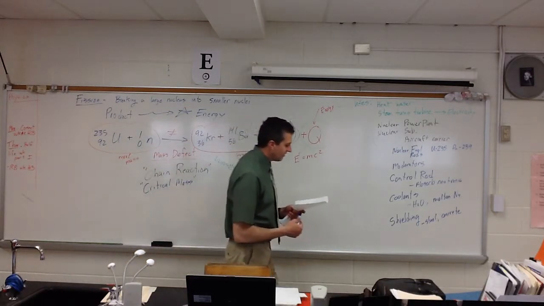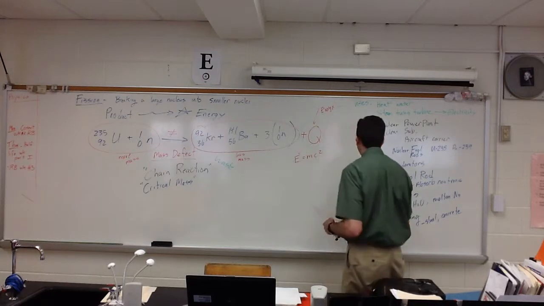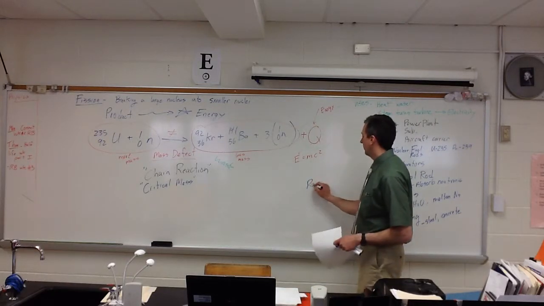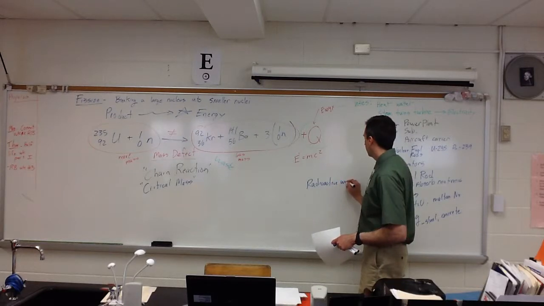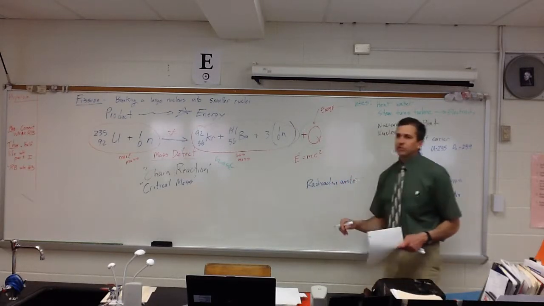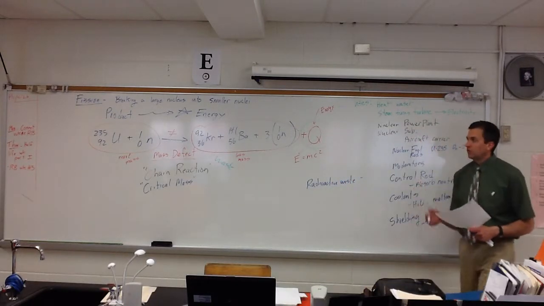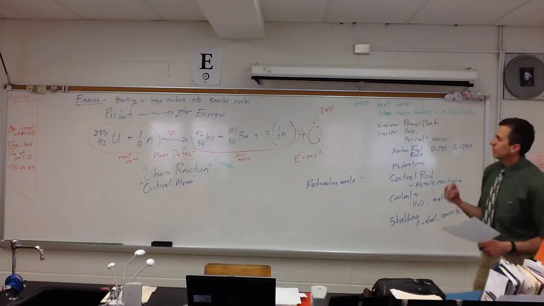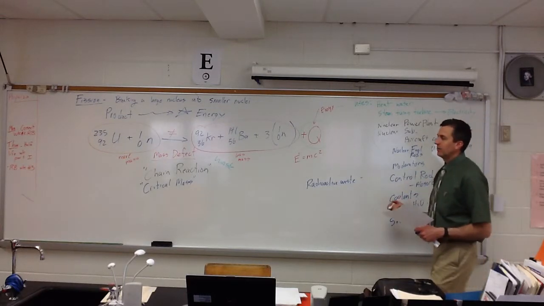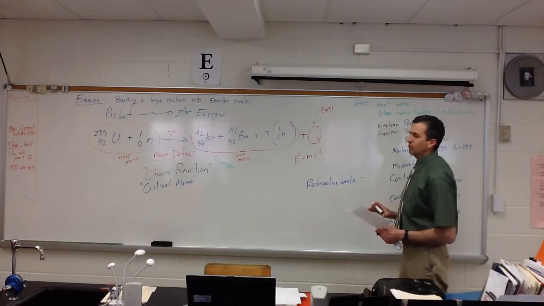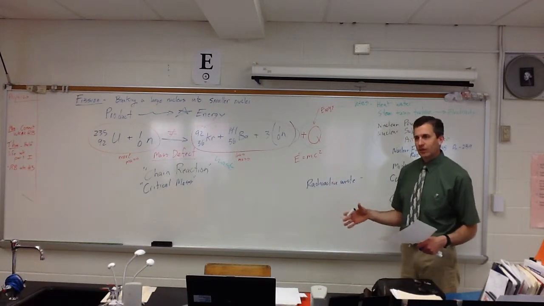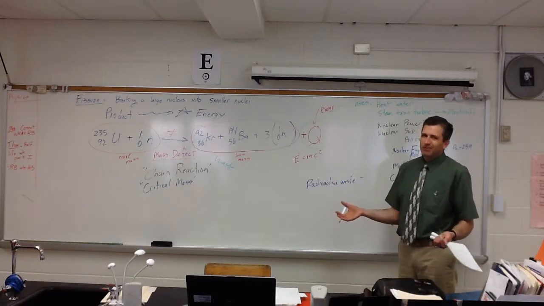The other thing you're going to have, ultimately, is a lot of radioactive waste. And this is where much of the controversy over using nuclear power comes from, because we do not have a good way to store or keep this radioactive waste away from people once we've created it. We don't know what to do with it.